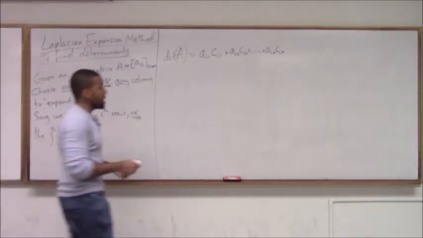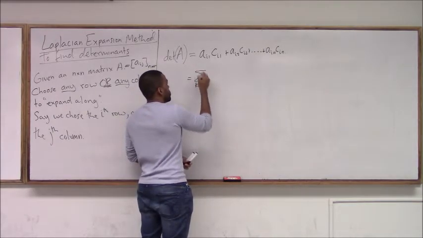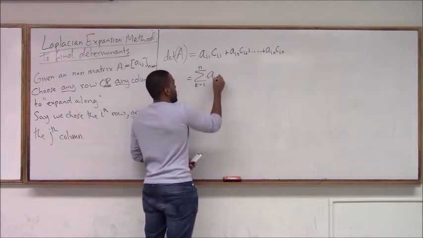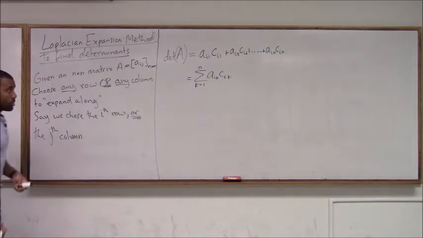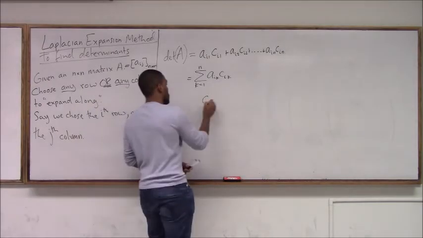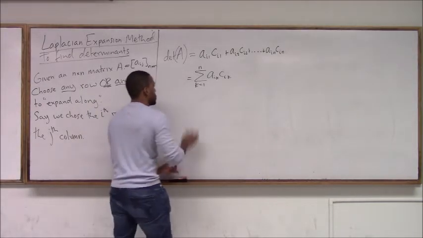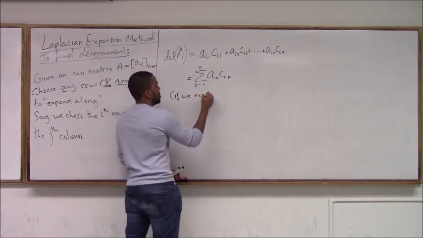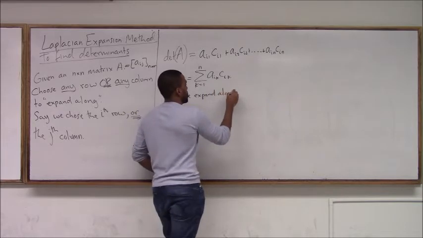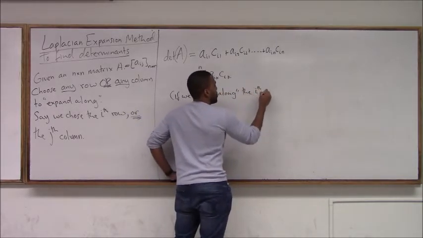So that computation I had before, you're going to do for every element in a row. You can write this as the determinant is just the sum, k goes from 1 to n, of a_ik C_ik, if we expand along the ith row.